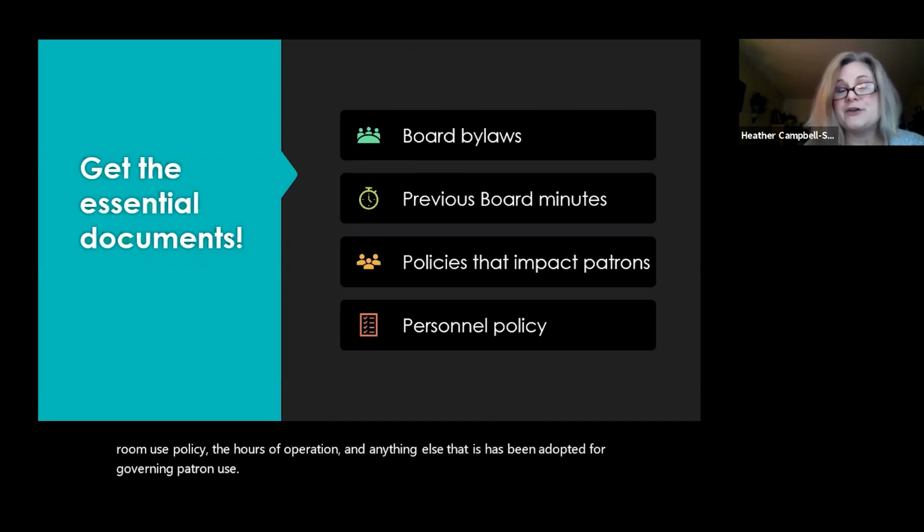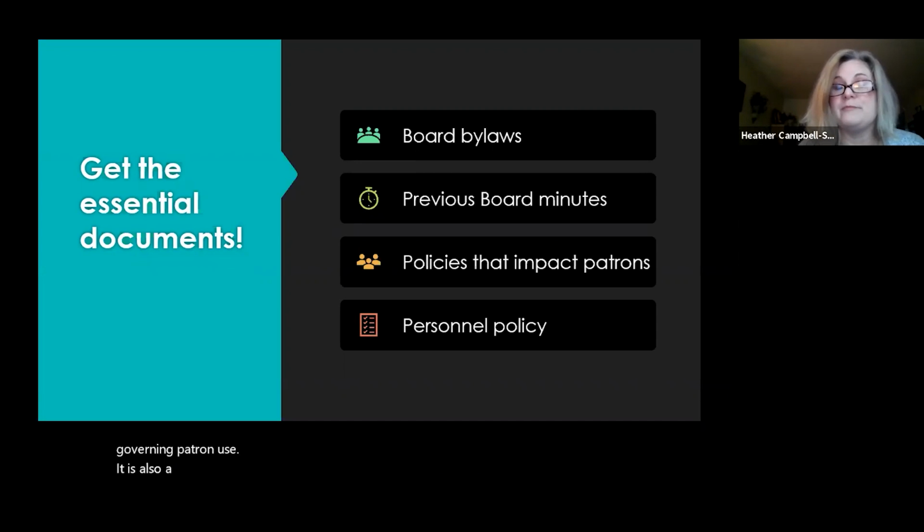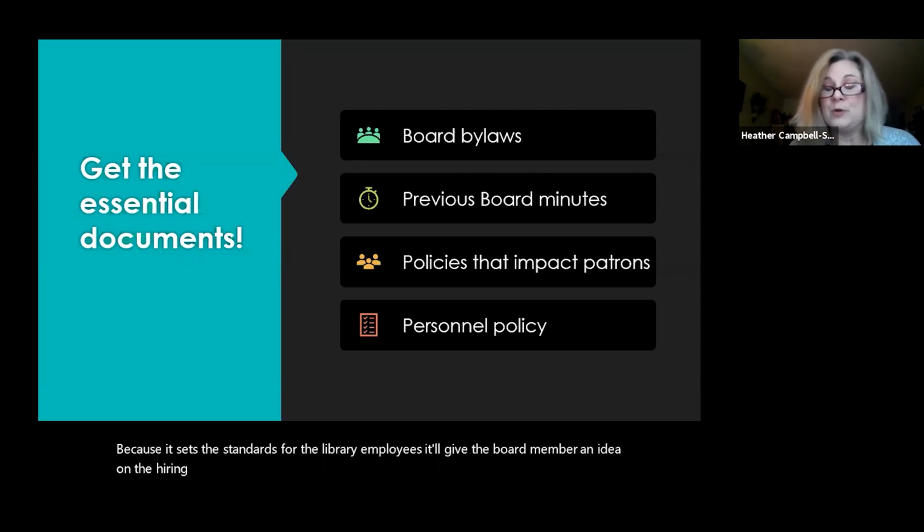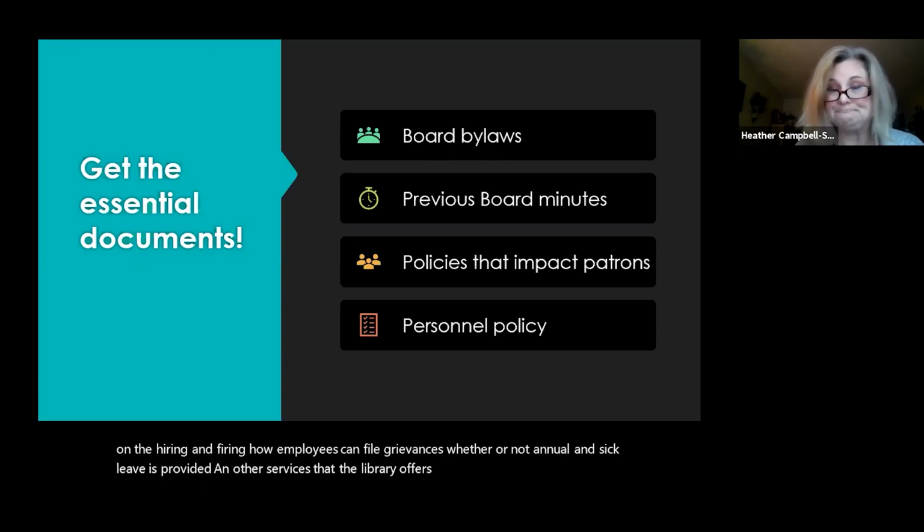It is also a good idea to give the new board member the personnel policy because it sets the standards for the library employees. It'll give the board member an idea on the hiring and firing, how employees can file grievances, whether or not annual and sick leave is provided, and other services that the library offers to its employees.